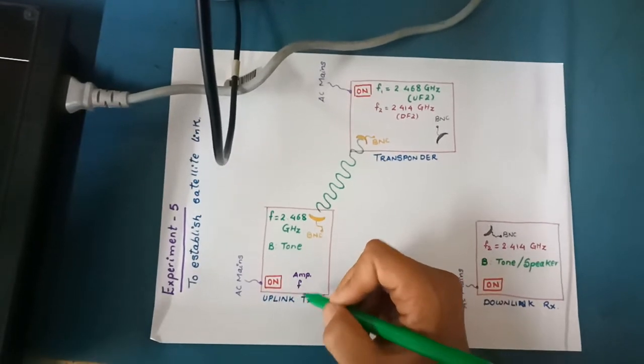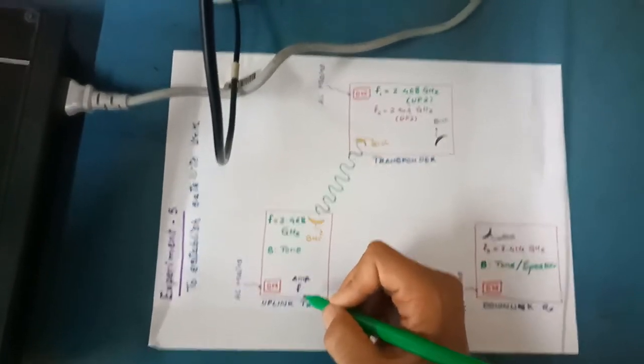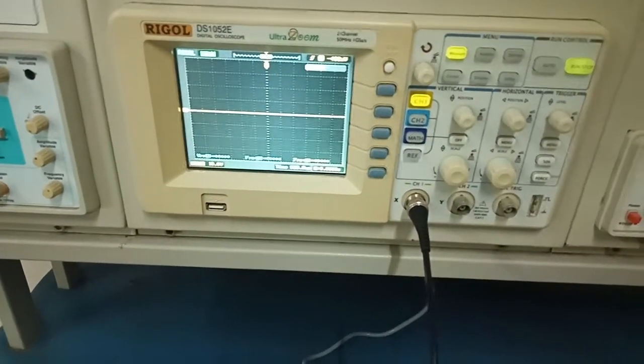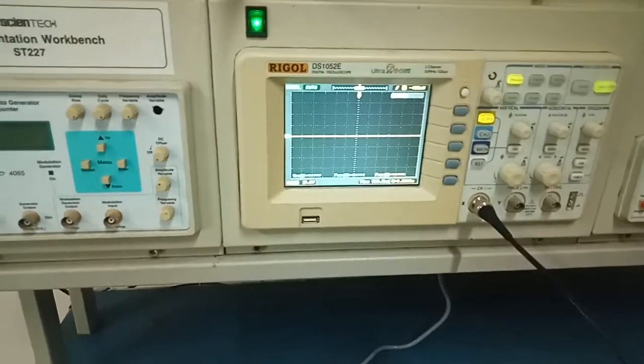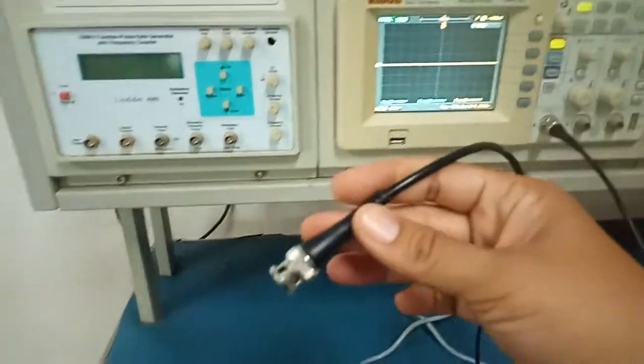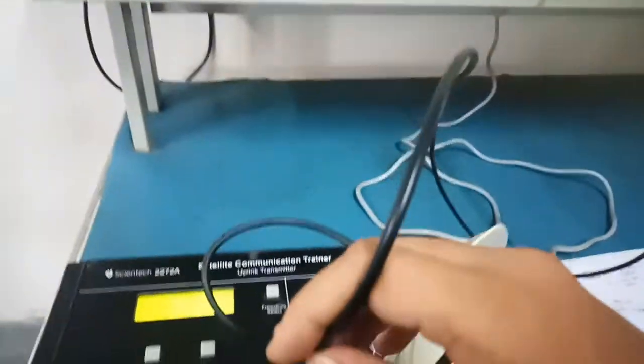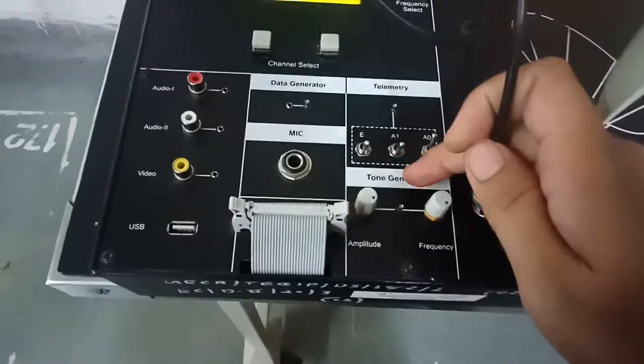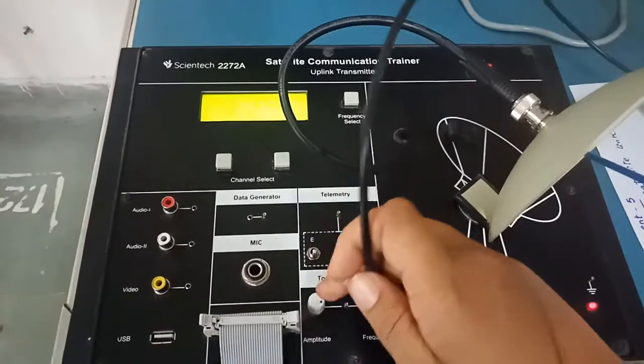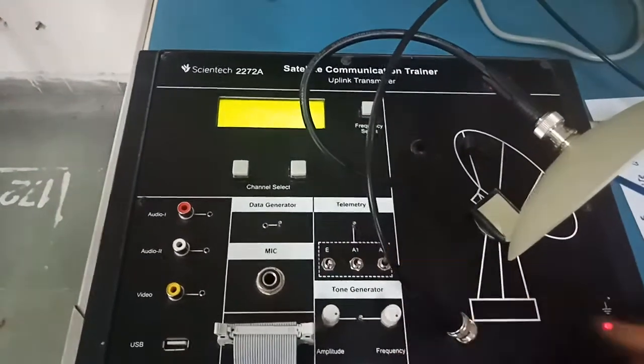Let us observe this on the CRO. Here I have to connect this BNC cable from the CRO to the tone generator switch of the uplink transmitter. So I am connecting it over here.